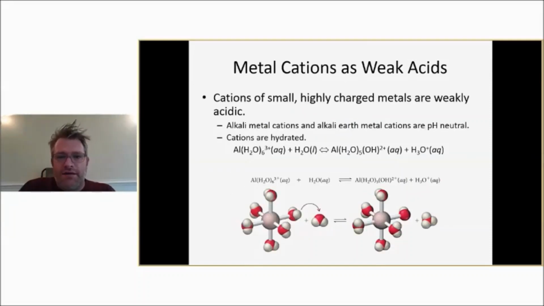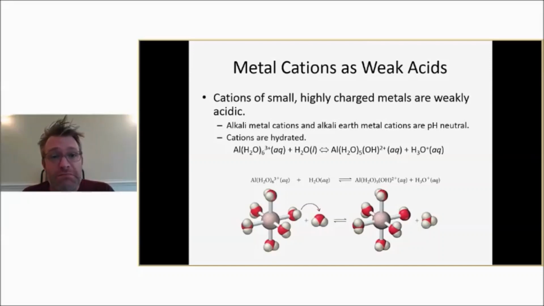Metal cations as weak acids. Now, cations of small, highly charged metals are weakly acidic. For instance, alkali metal cations and alkaline earth metal cations are pH neutral. Why? Because they are conjugate acids of strong bases.